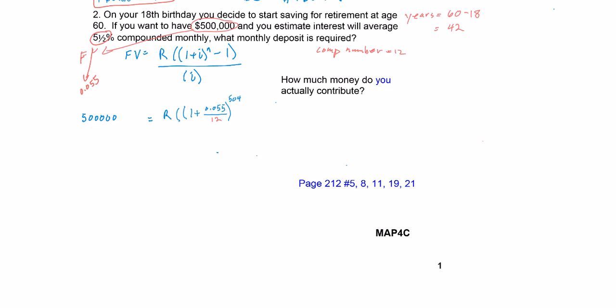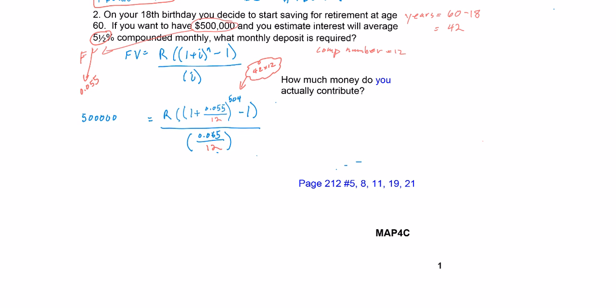Now, how did I get 504? 504 comes from 42 times 12. That's where we get that. And then we subtract 1 as before and divide by bracket 0.055. And just like before, I'm going to emphasize my compounding number of 12.